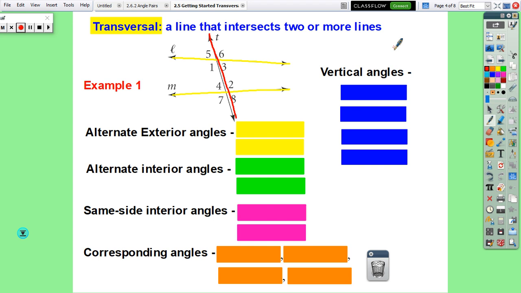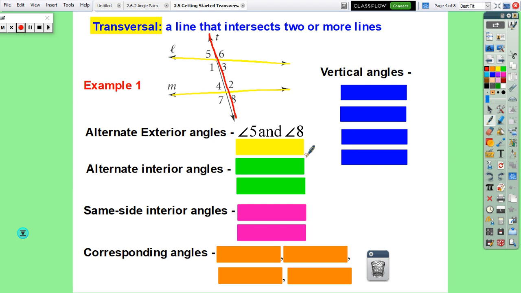Okay, so alternate exterior angles. So alternate would mean kind of like opposite, and exterior means on the outside. So alternate exterior angles, one example would be angle 5 and angle 8. Okay, so angle 5 and angle 8 would be alternate exterior angles.